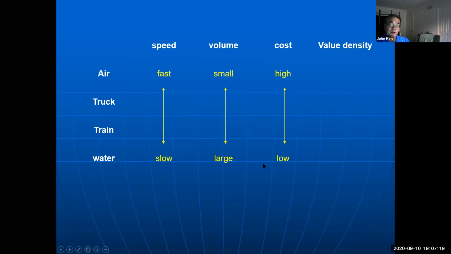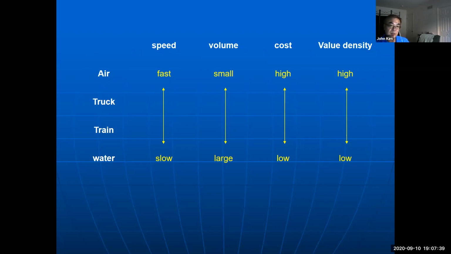If the value density is high, then using this side: fast, small, and high cost. If value density is low, then water side.